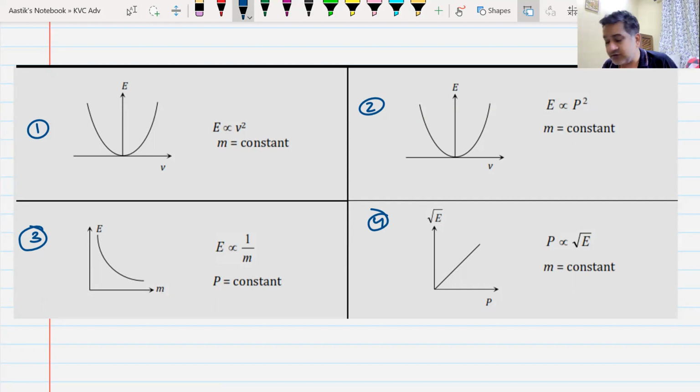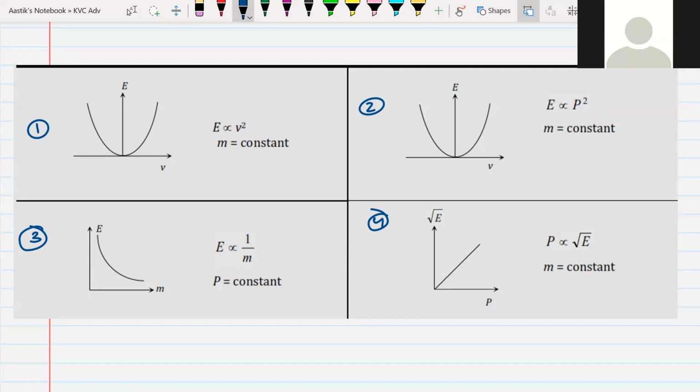I have seen a lot of questions come on these graphs, so please note down these graphs. Done, sir.